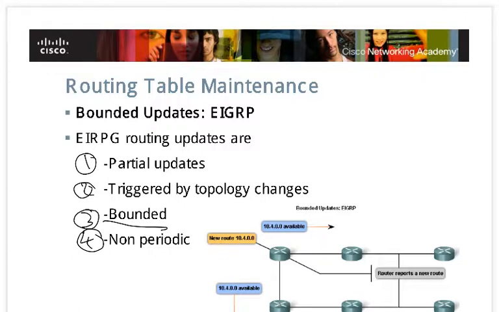However, because of the partial updates and because of the bounded updates, the implementation for EIGRP is rather more complicated. Because to discover the change and to report only the change and to report it to the routers that get affected by the change, that's not an easy job.